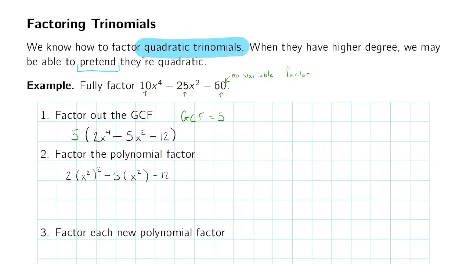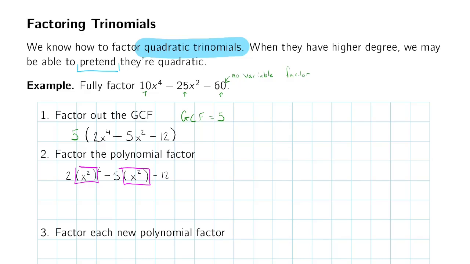And what we're going to think is, okay, imagine I'm putting both of those x squareds in a box of some kind. Imagine sealing up this x squared. If I do that, then what I have is a quadratic polynomial. It just happens to be quadratic in x squared instead of in x.